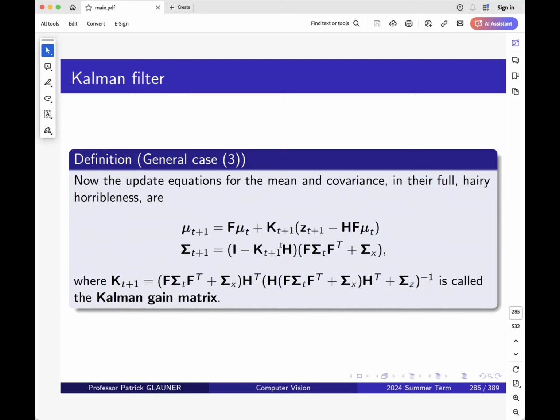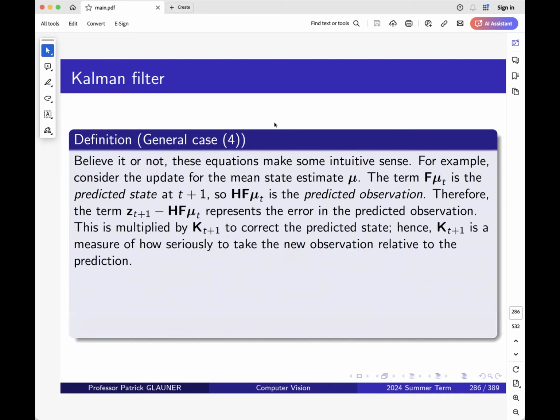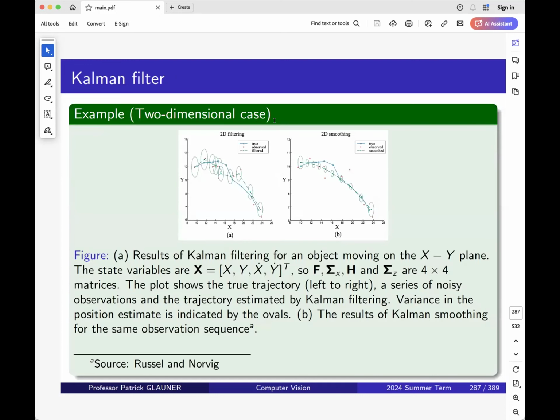You would define the initial position or the initial values. And then you can use an advanced library, and there are plenty of Python libraries that offer the Kalman filter for you. There are some more details here in the slides in case you're curious about this general case, but it doesn't matter for now.